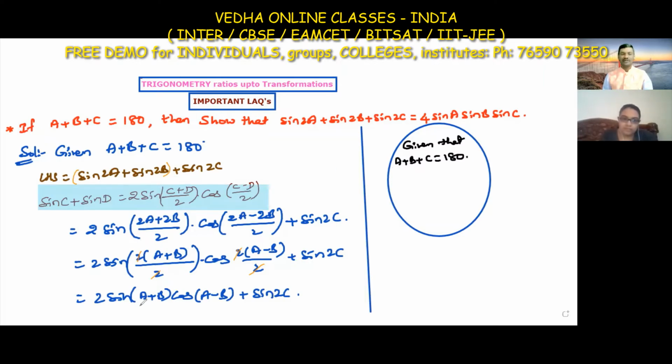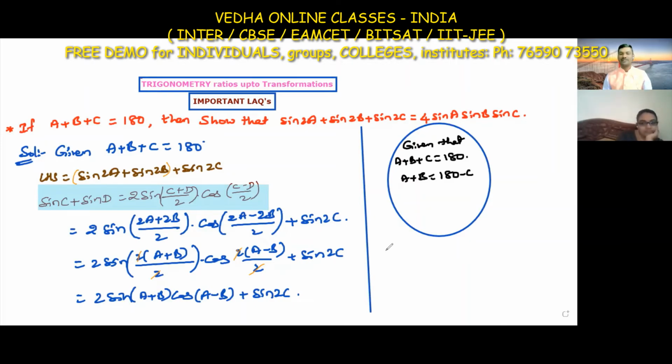So here I am converting this A plus B into C. What is A plus B? A plus B is equal to 180 minus C. I am going to replace A plus B with 180 minus C.